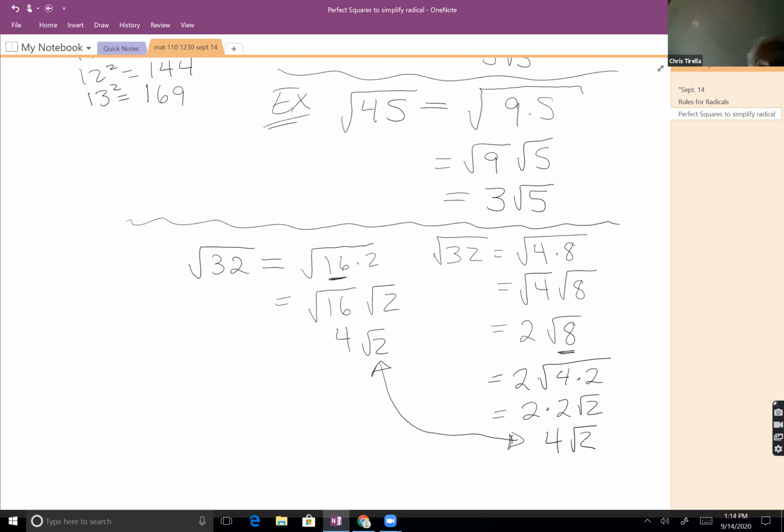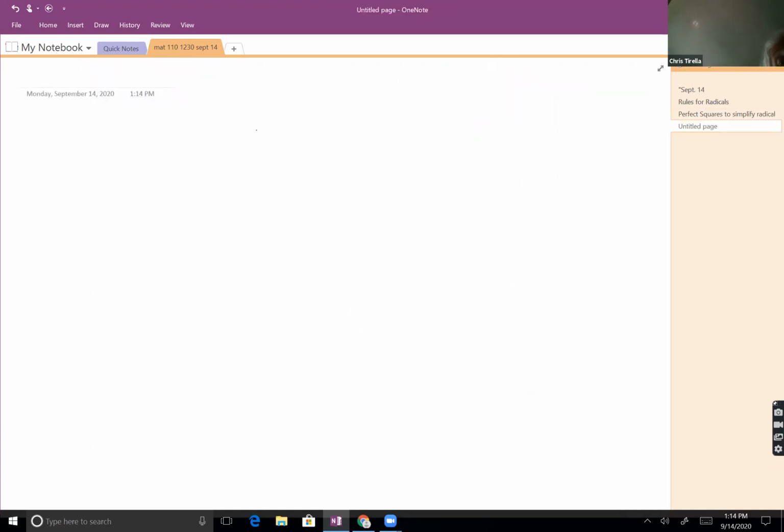I'm going to turn the page and start adding some variables to this mix. What if I have the square root of 81x to the 4th? I can think of that as the square root of 81 times the square root of x to the 4th.